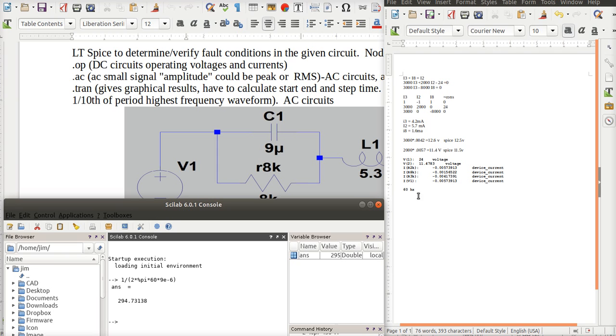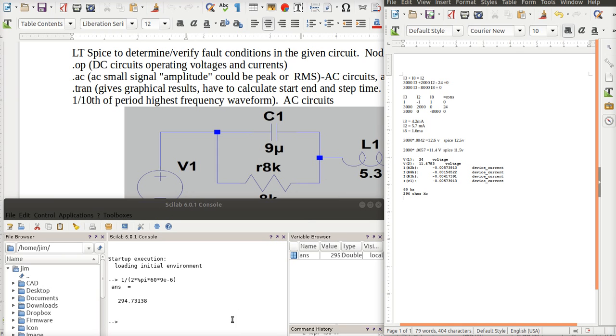And I have a capacitive reactance of about 294 ohms. And we call that X. It's actually a subscript C, but when you're typing it out, a capital X and a little c works.